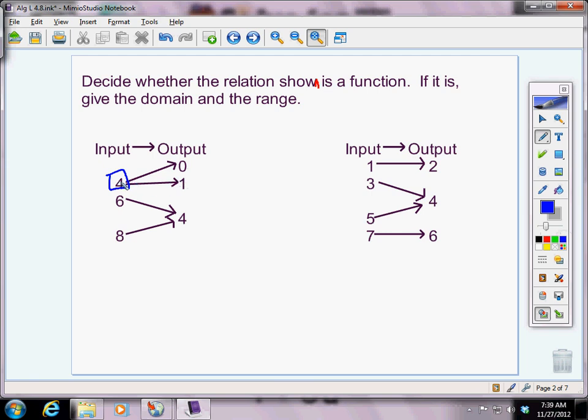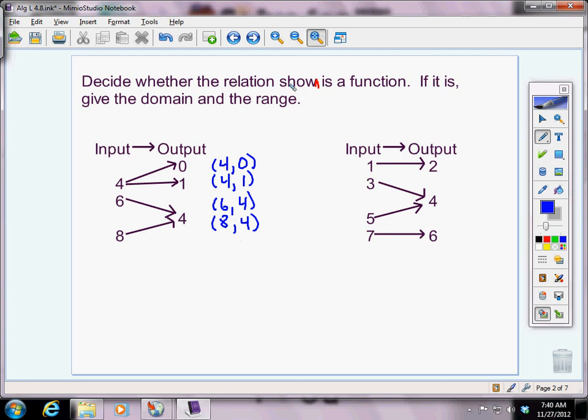That means if I input a 4, I get out a 0 and a 1. If I input a 6, I get out a 4. If I input an 8, I get out a 4. So if we were to draw these as ordered pairs, this would be: input 4, output 0; input 4, output 1; input 6, output 4; input 8, output 4.